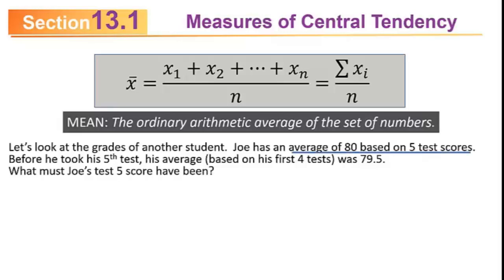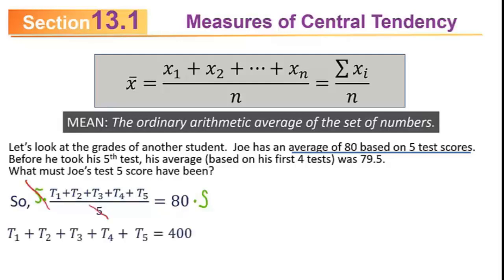The average was 80 based on 5 test scores. So when you're taking an average, you add up the scores and divide by the number of scores. So we'd add the test scores, divide by 5 because there are 5 of them, and we want that to be 80. If you take that and get rid of the fraction by multiplying both sides by 5, you can see that the sum of the test scores must be 400.